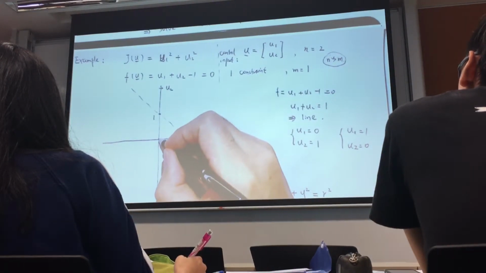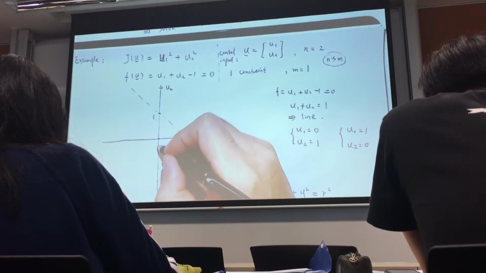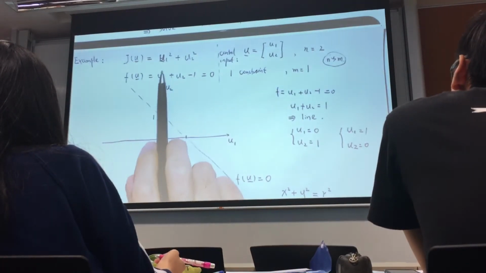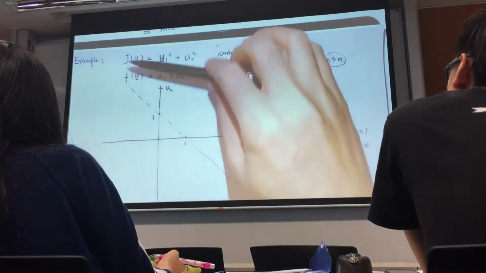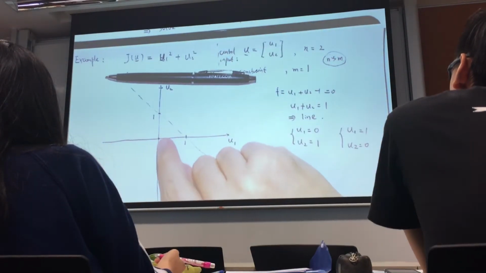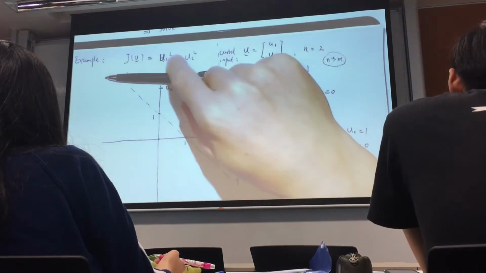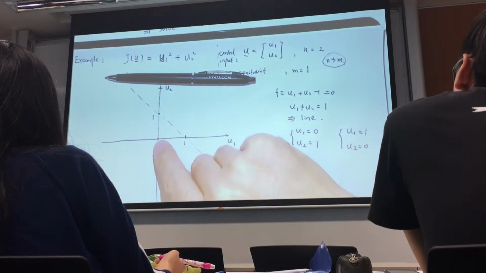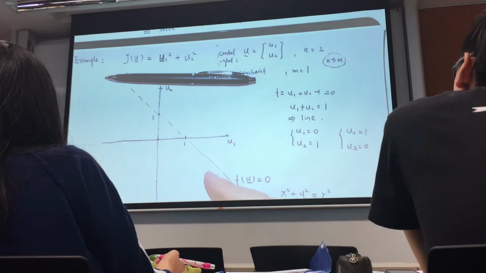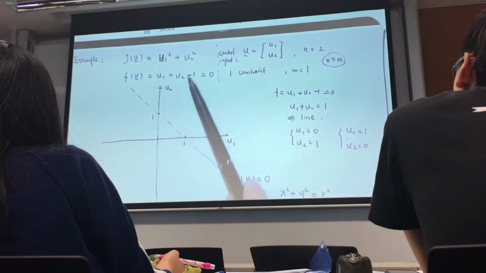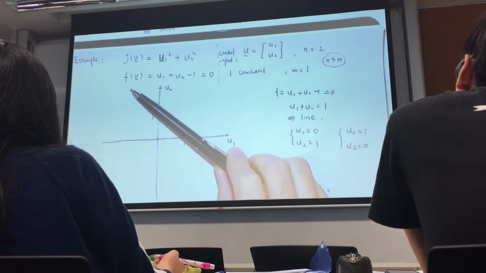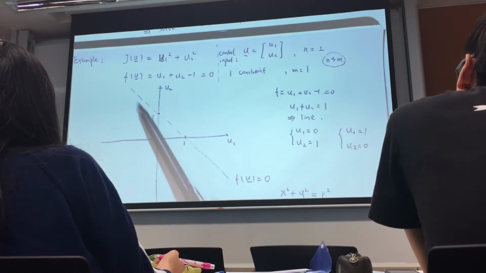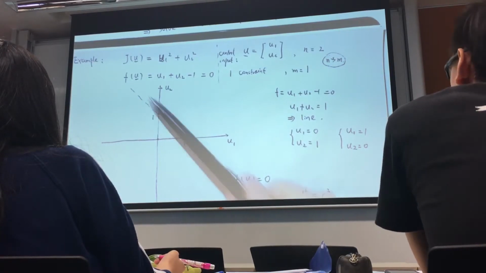So it is a point here. But this point is not on this line. It cannot satisfy the condition, because at (0, 0) the constraint equals -1, not 0. So (0, 0) is not the solution to this problem.